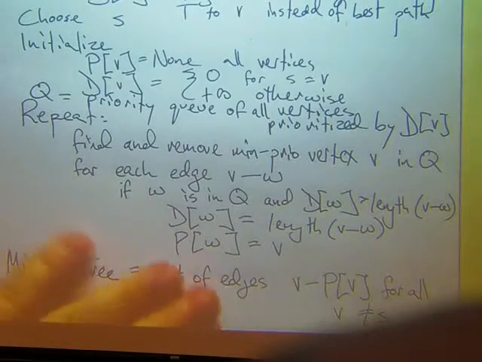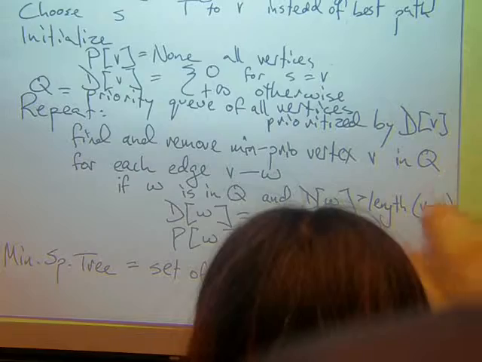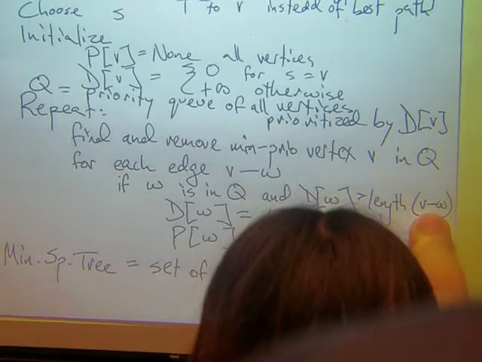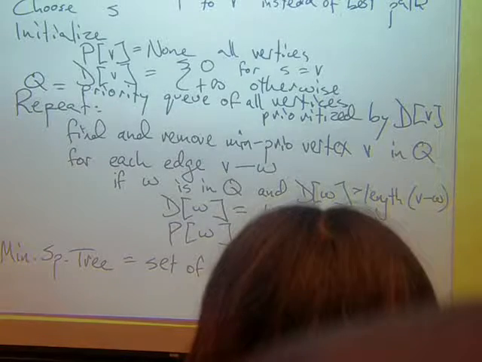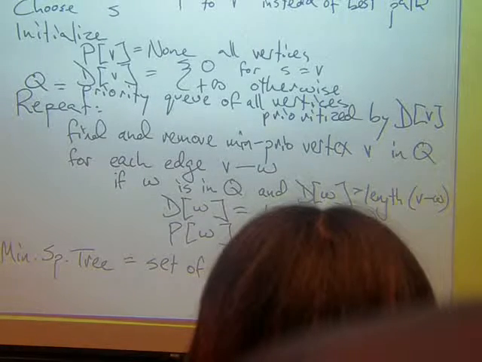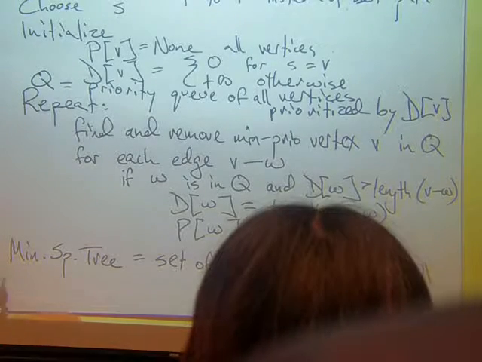And because it's essentially the same algorithm as Dijkstra's algorithm, with a tiny change to how we compute these priorities, the analysis is the same. So the time for this is the same as Dijkstra.